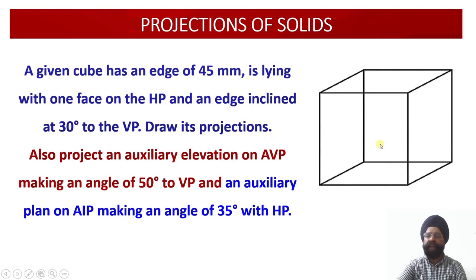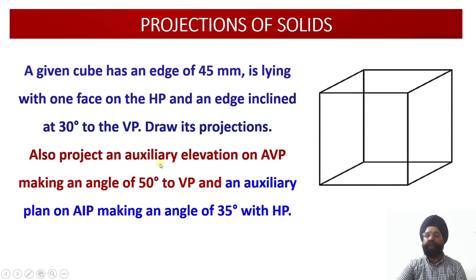Now this solid has its edge inclined with respect to the vertical plane at an angle of 30 degree. Now this will be viewed by an observer looking at this inclined solid through the AVP, which will be making an angle of 50 degree to the vertical plane.